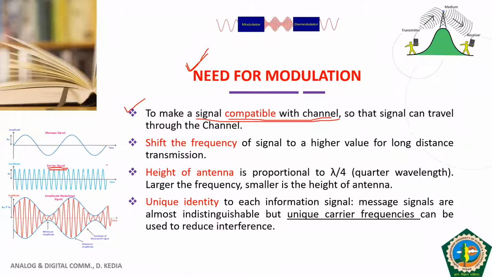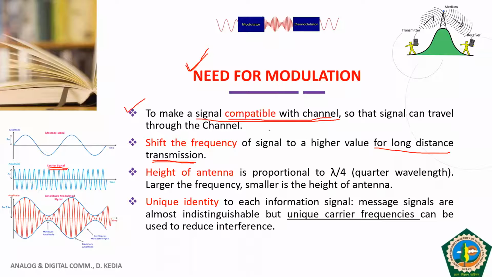And let me tell you here that if you want to transmit your signal in a wireless manner, then the frequency of your signal should be high. Okay, so for long distance transmission, we need a high frequency signal. If a signal has low frequency, it cannot travel through wireless space.